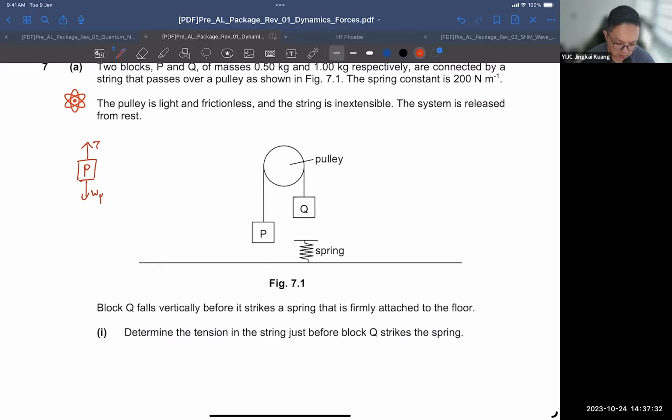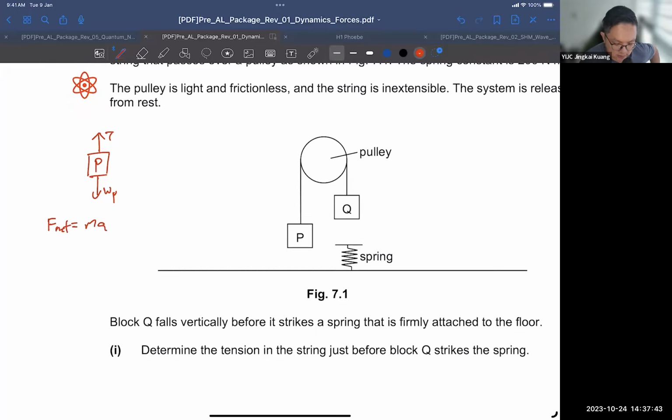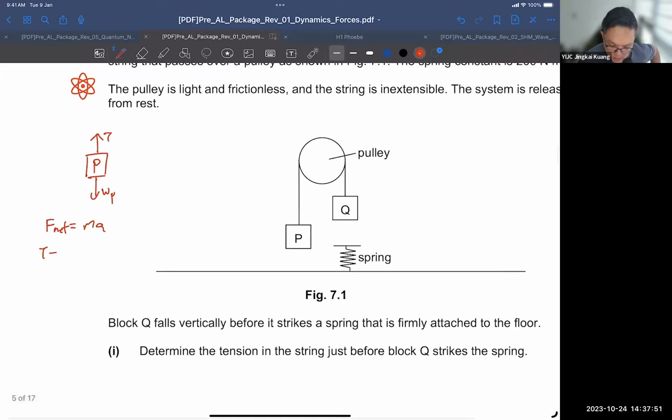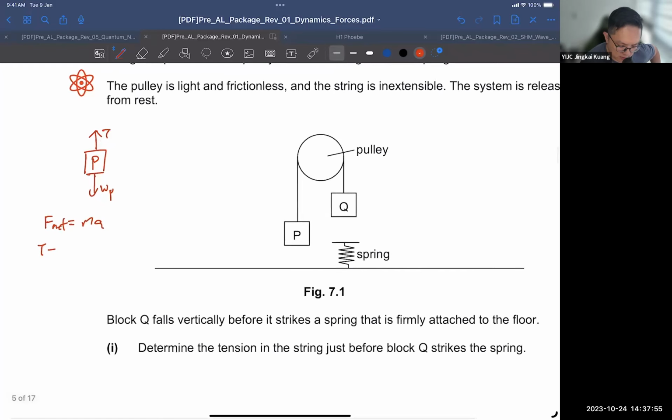For P, F net equals MA, that's what I like to write. In this case, tension will be larger than the weight of P, so tension minus weight of P equals MP times A.